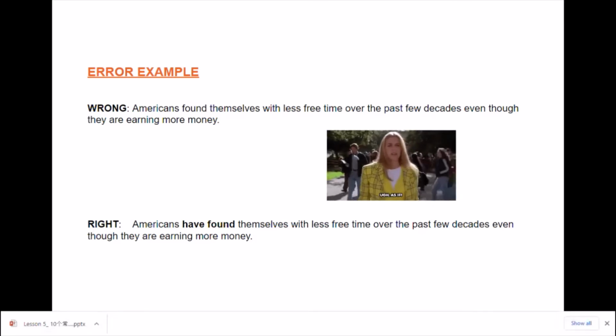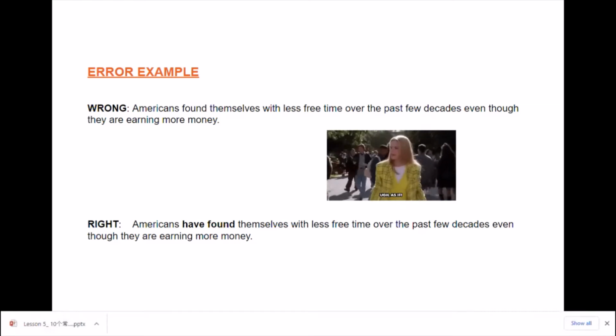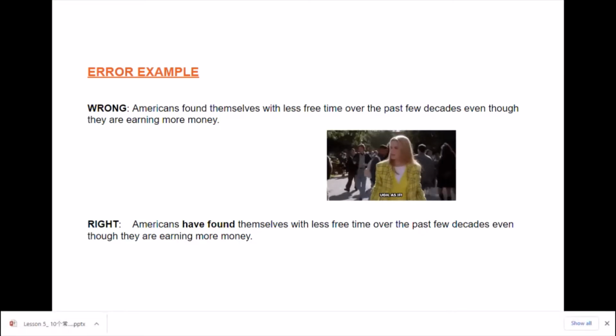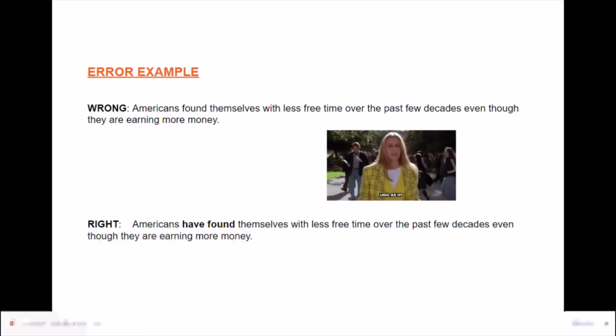You have 10 seconds to figure out whether there is really a mistake in this sentence. Okay? 10 seconds. Okay? You might have already noticed the right answer, right? Right.